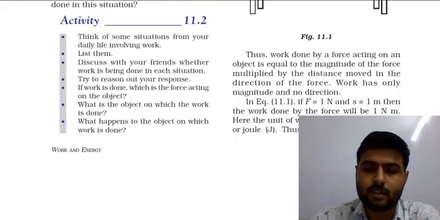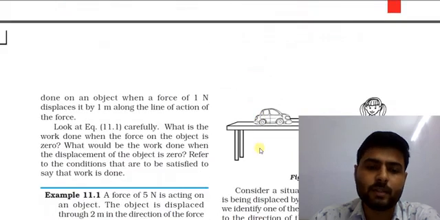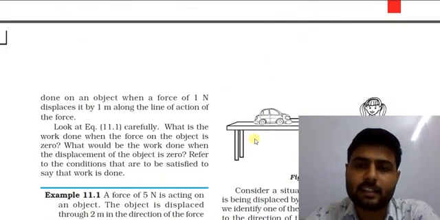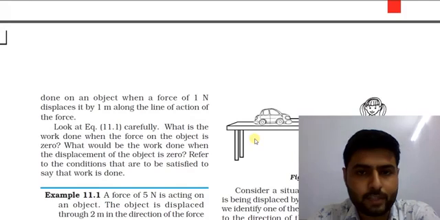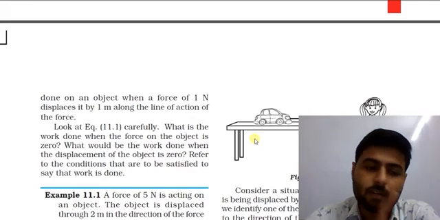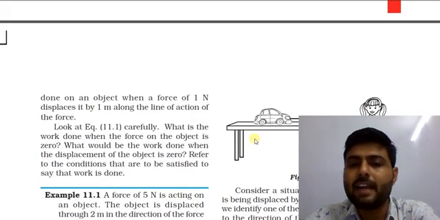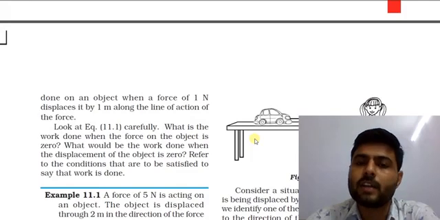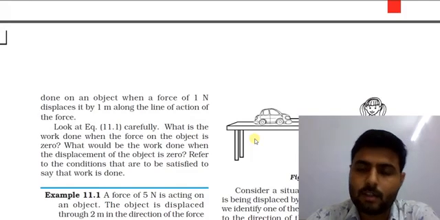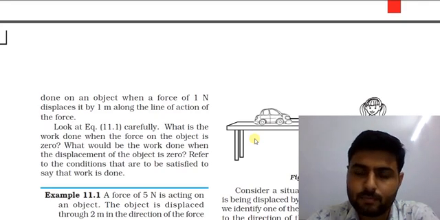So we note that 1 joule is 1 Newton meter, and that is the work done on the object when a force of 1 Newton displaces it by 1 meter along the line of action. We have seen the line of action of force. What is the line of action of force?